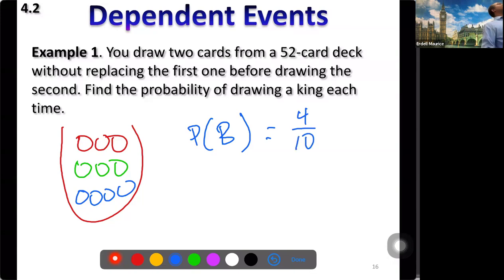Now let's say I pull 2 balls out of there. What's the probability of selecting a blue ball given that the first ball was red? The second ball is what I'm concerned about.